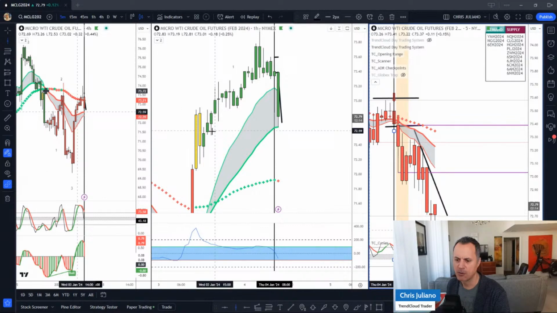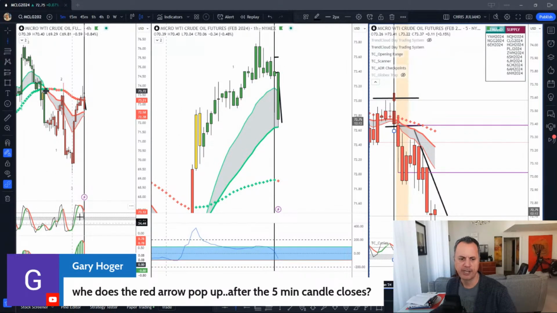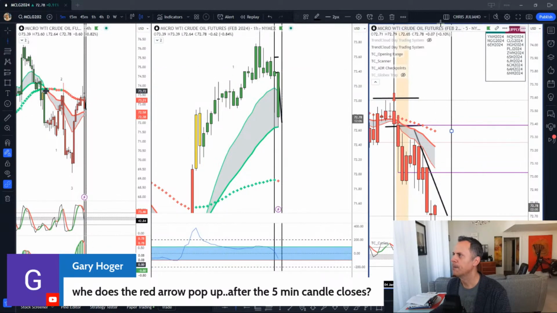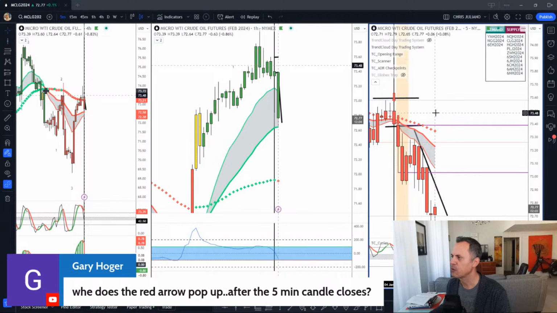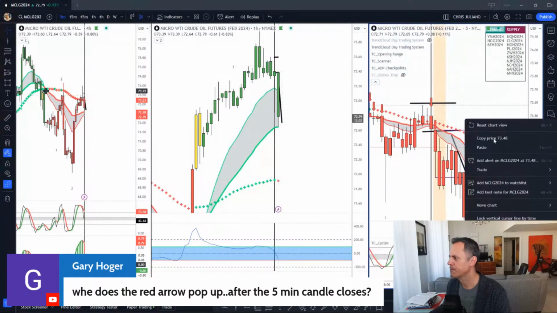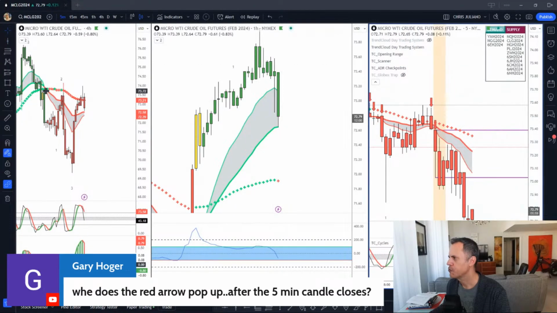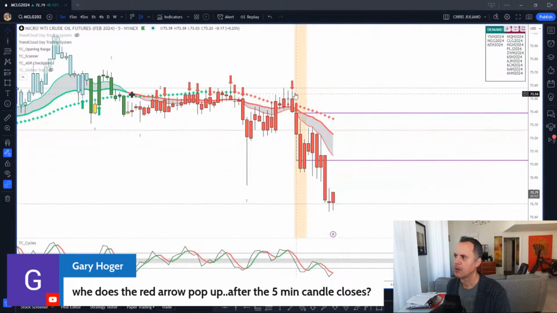Why does the red arrow pop up after the 5-minute candle closes? Yes, so the trading signals will pop up when the candle closes, because of the mathematical equation at work inside of the TrendCloud.